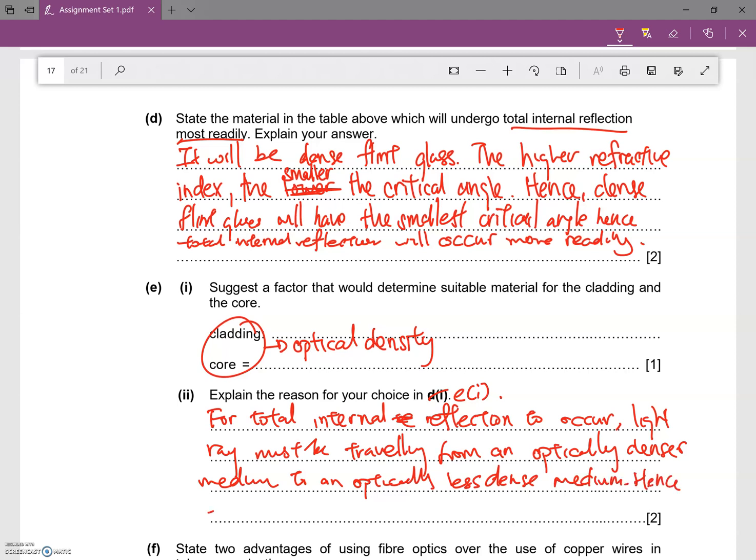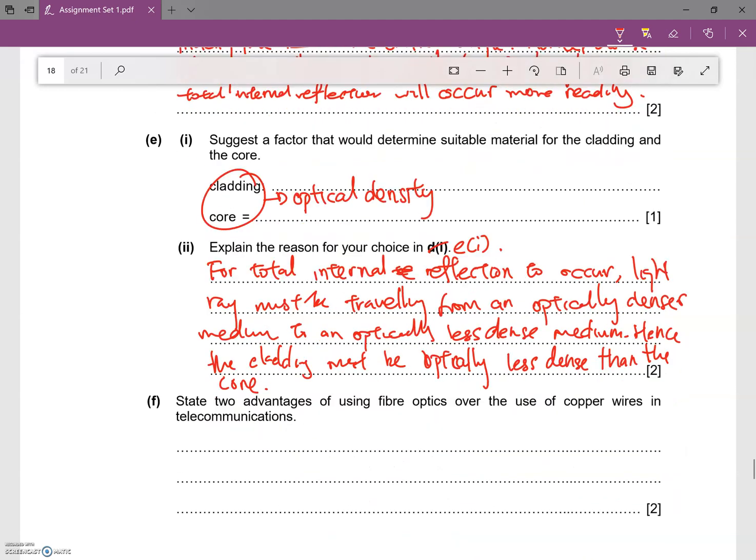Hence, the cladding, which is the outer layer, must be optically less dense than the core. So that will be the factor to determine the suitable material.